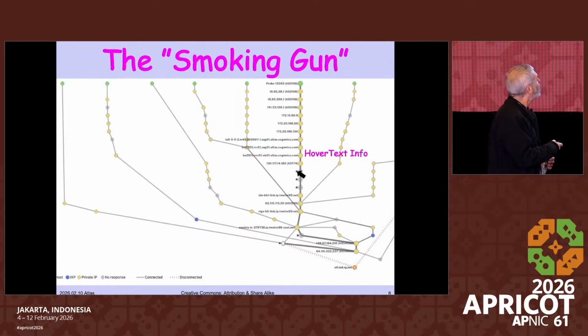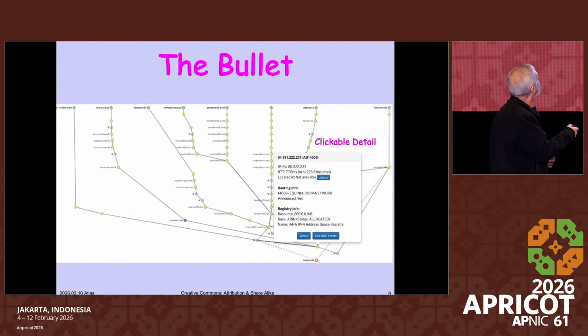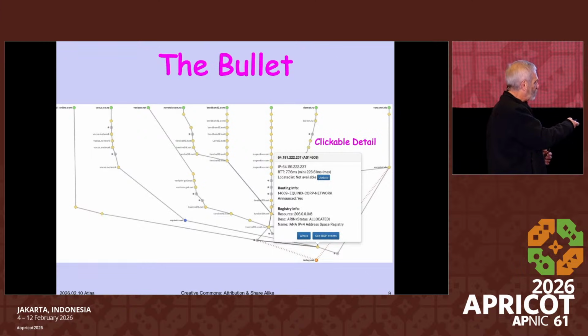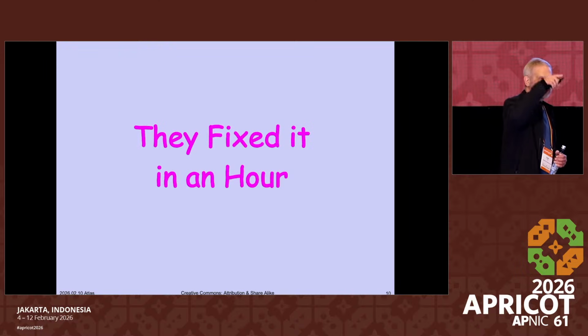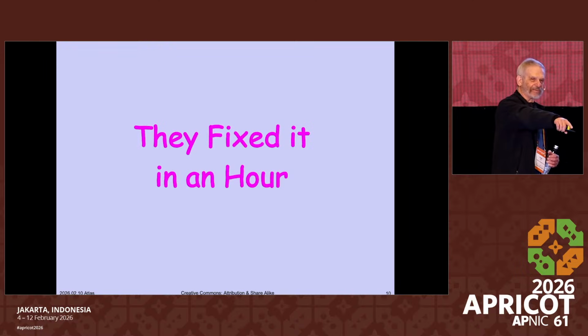And then here's the result. And you can see coming from a bunch of probes and dying right there. And once we'd spotted this, they fixed it in an hour, once I could say, that router is not working.